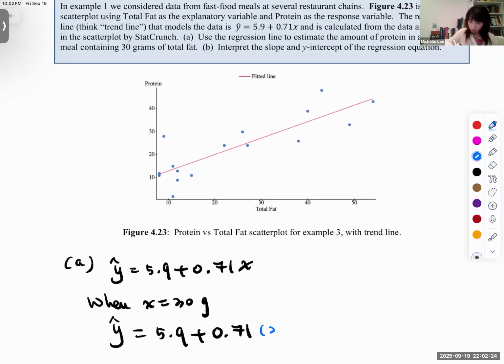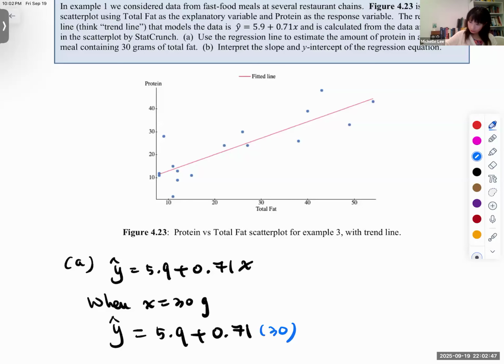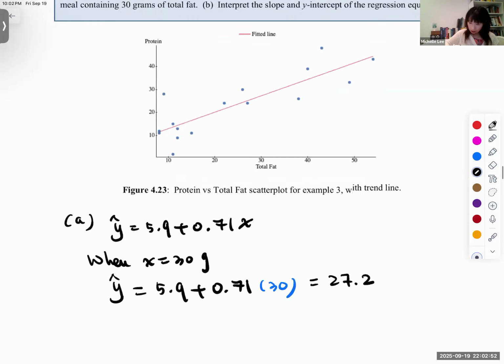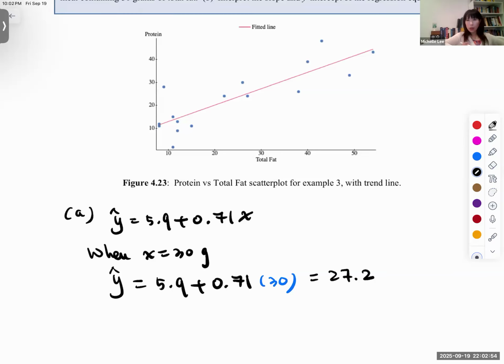Now your turn, can you please calculate? Okay, so we got 27.2. That means when total fat is 30 grams, we get protein of 27.2 grams.